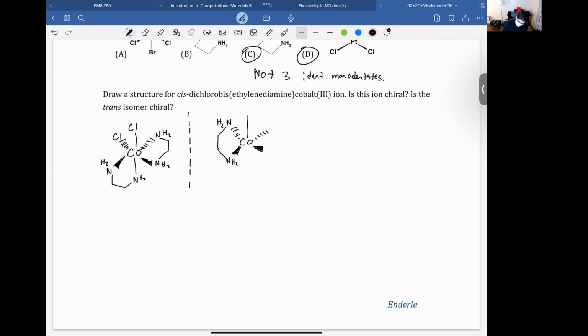I have the chlorine on top still, the chlorine in the back, and then I have the two other ethylene diamines over here. Great. All right.